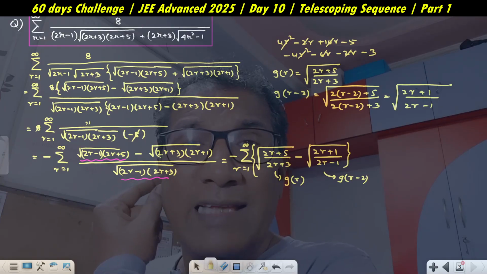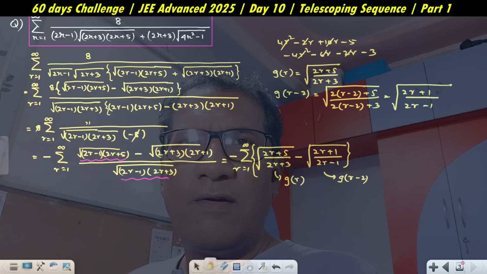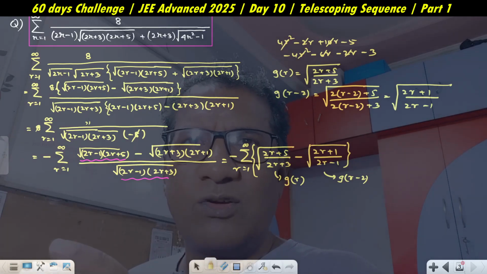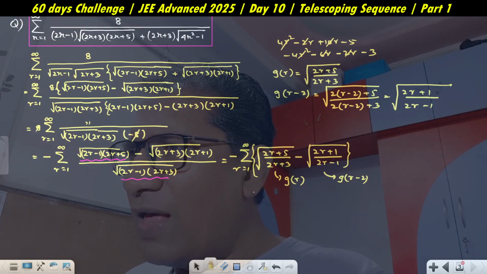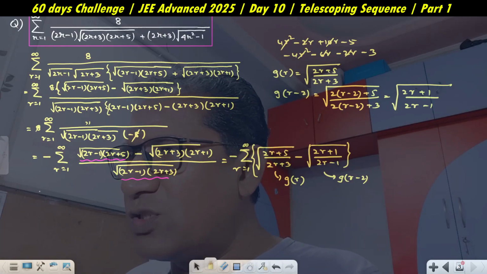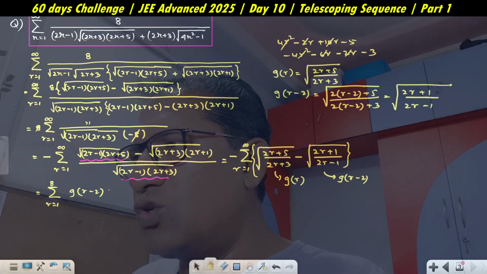Now to apply the telescopic method, all we need is to form a sequence where the difference is 1. That is what I want to say is, if I write this one in this way, sigma r is from 1 to infinity, this is basically g of r minus 2 minus g of r.